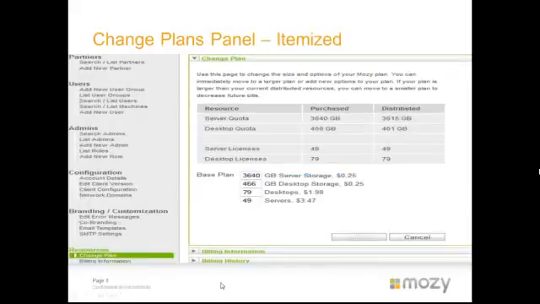On an itemized user, a user who's paying per gigabyte and per license key, the change plan section is just slightly different, and different to what it was previously also. Here you have a table that will give you your current usage levels, so your server quota, how much you've purchased. In the left column you have your purchased amount, and on the right column is your distributed amount.